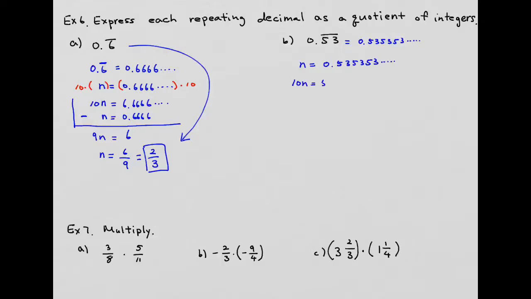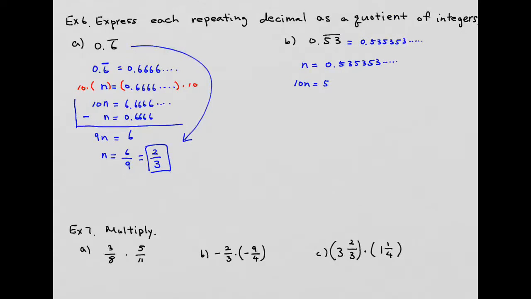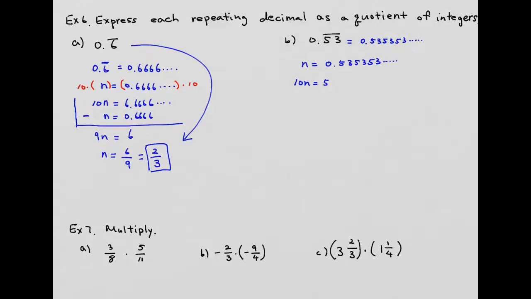It will be 5. Well, this time we don't want to use 10n. We want to use 100n because the repeating part was 2-digit numbers. So instead of 10, let me use 100 here. Again, why?